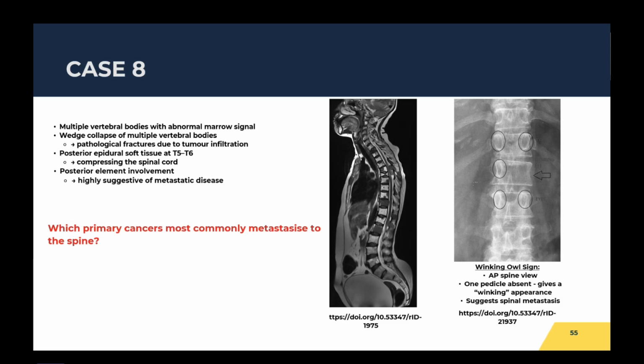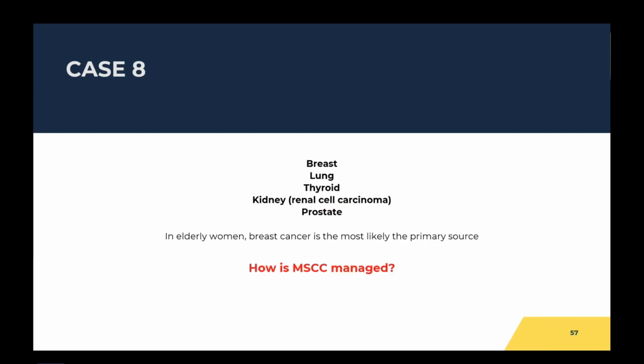Breast, prostate, yeah, that's correct, Ria. So if I just go through it, the most common ones that metastasize to the spine are breast, lung, thyroid, kidneys, specifically renal cell carcinoma, and prostate cancers.